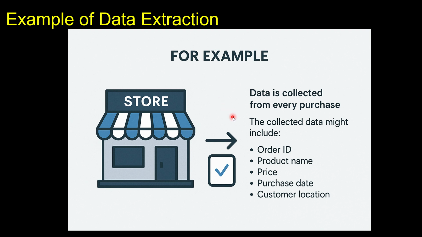The data you collect might include an order number, the product name, the price of the item, the date it was bought, and the location of the customer. The goal here is to gather raw data that you will clean and prepare in the next steps.